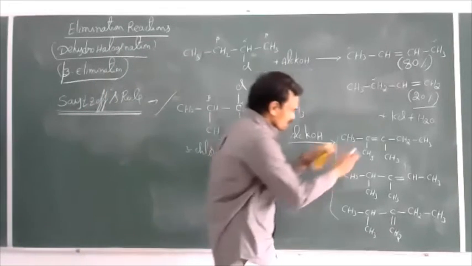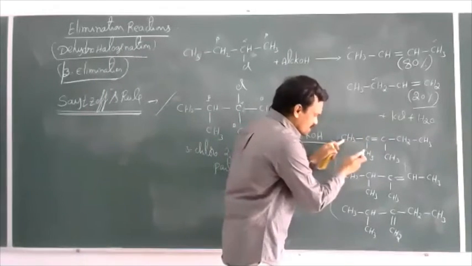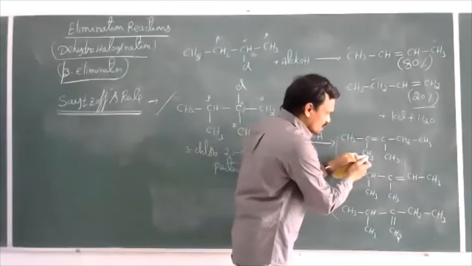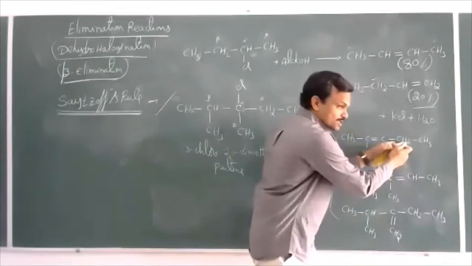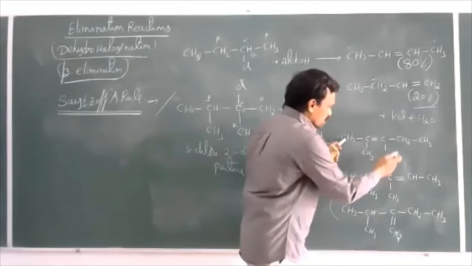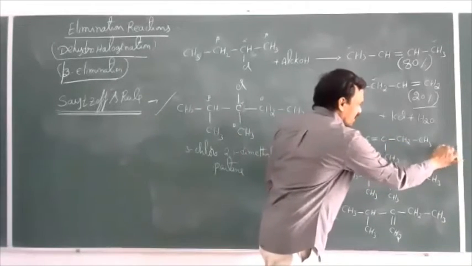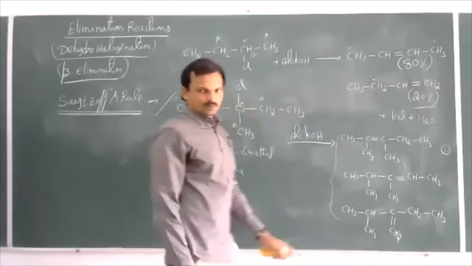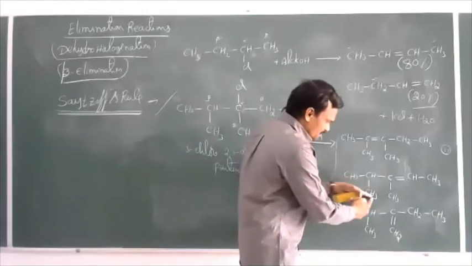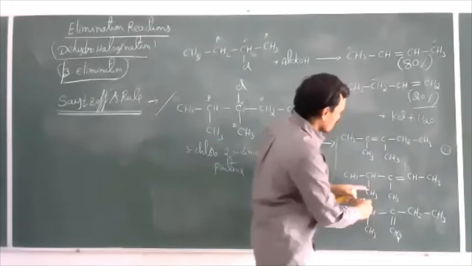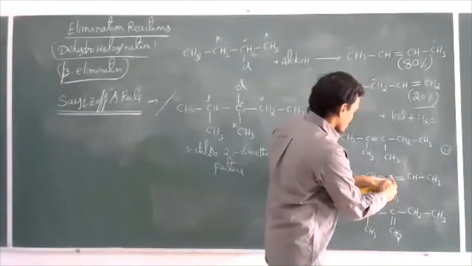Now here, this contains 3 hydrogens, here 3 hydrogens. This double bonded carbon contains 3 hydrogens here, 2 hydrogens here. Total 3 plus 3 plus 3 plus 2, 11 alpha hydrogens are here in the first compound. In the case of the second one, this is the double bonded carbon.